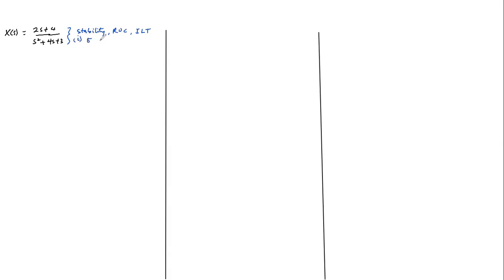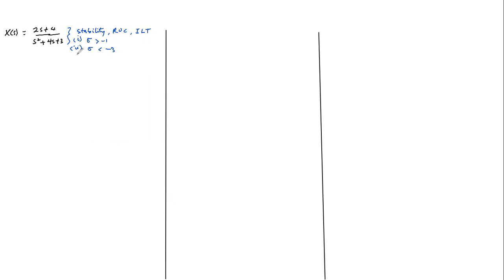First, sigma is greater than -1. Now this is a right-sided signal. Then sigma is less than -3. So you can tell by inspection that that is a left-sided signal.